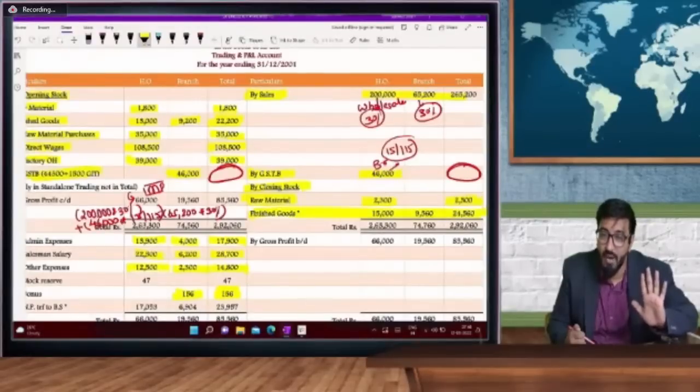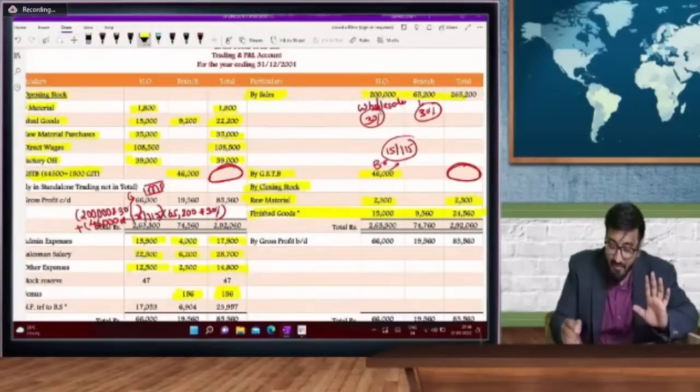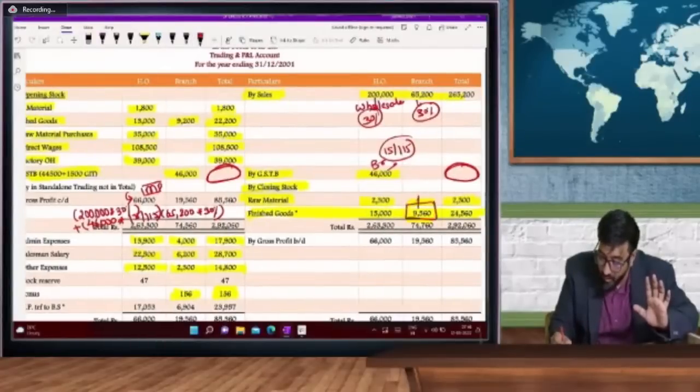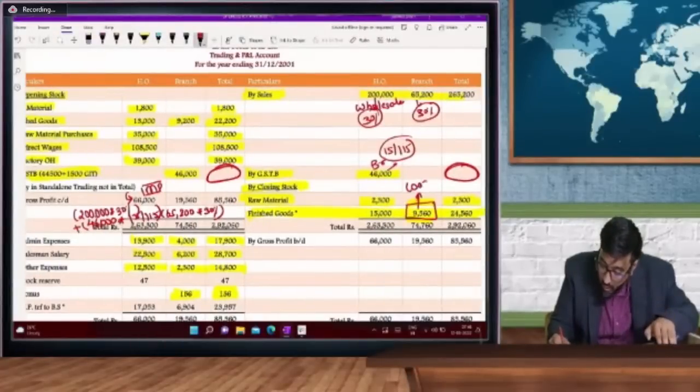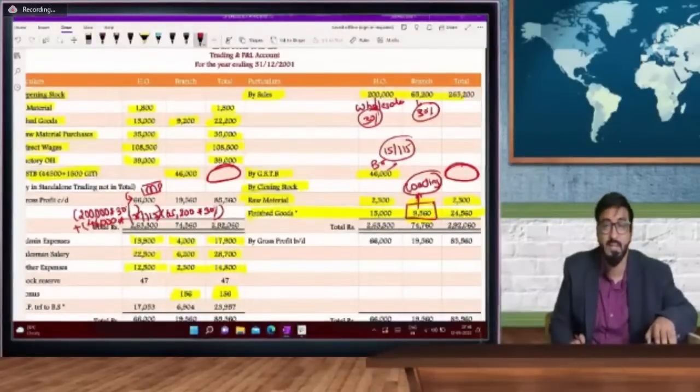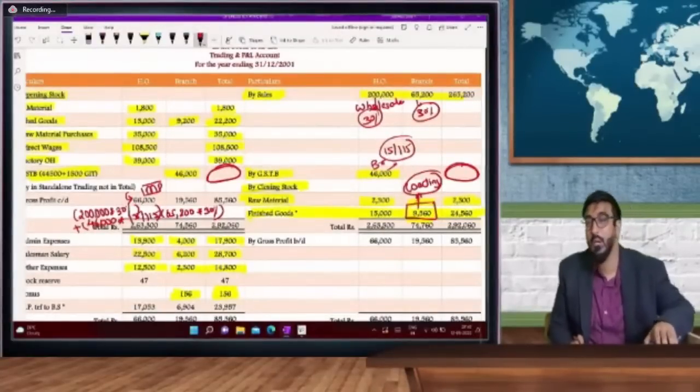Wait, question is not yet over. Now this 9560 branch, yes beta, this 9560, it includes loading.